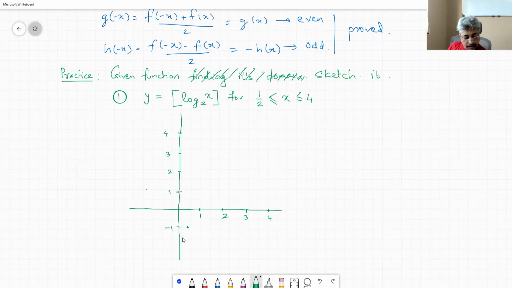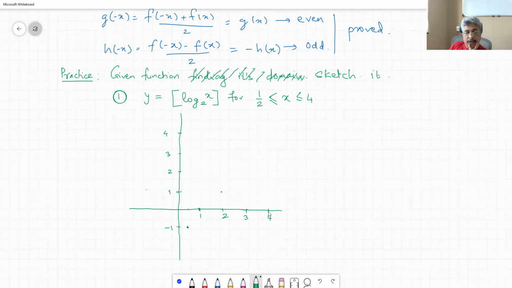And when will the function be equal to 0? When you put x is equal to 1, y is 0. So this point is also on the curve. When you put x is equal to 2, y is equal to 1, then this point is important to us.